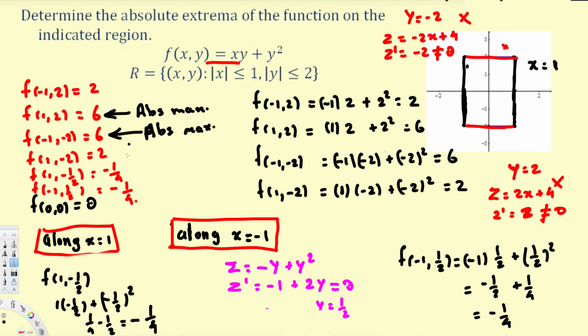Now let's look at the lowest value. Here we have negative 1 over 4, negative 1 over 4. That's the lowest value, right? So we have absolute minimum in two places. So this is one absolute minimum, and this is also our absolute minimum. And that's how we determine the absolute extrema in two variable functions.